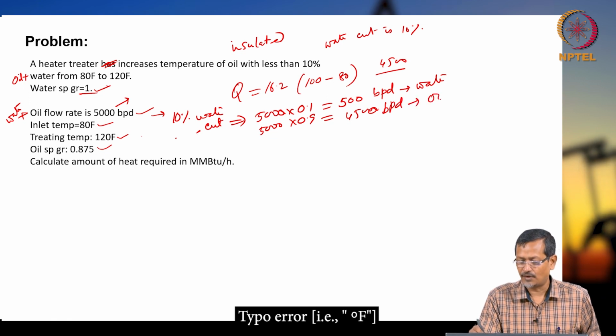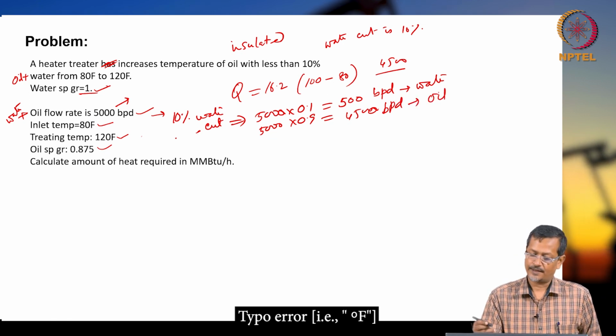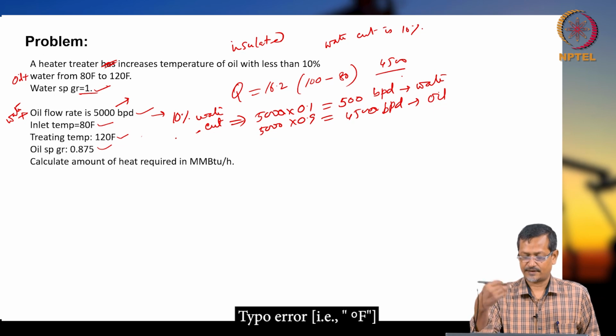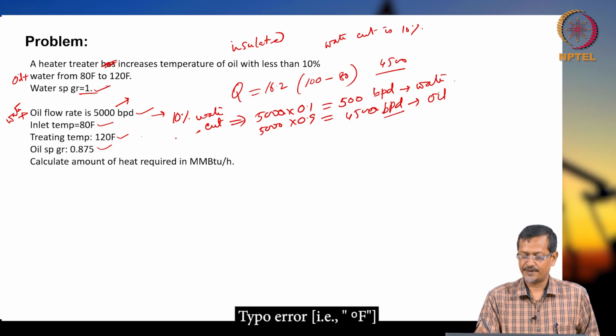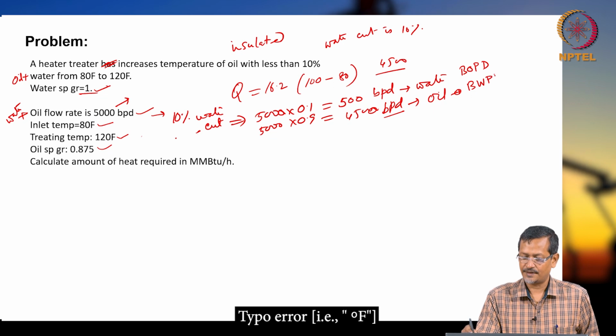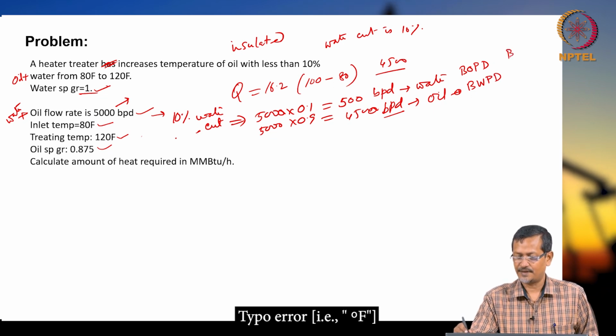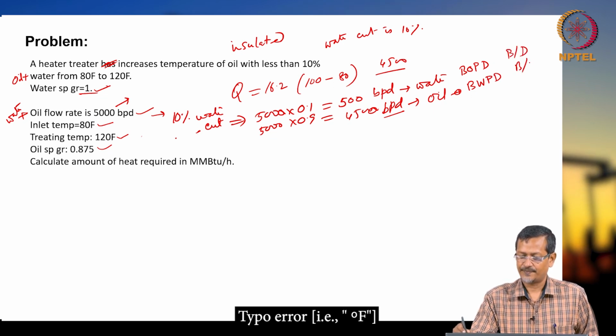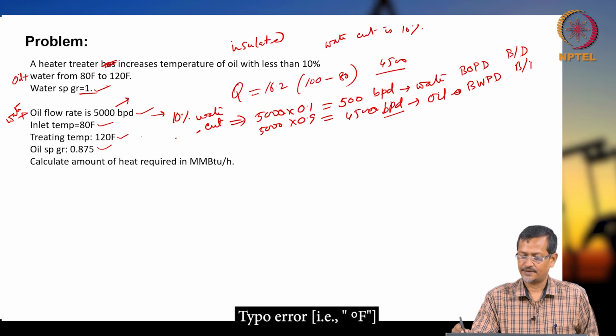Here I am writing BPD, or I can write BOPD, or BWPD, or B per D. There is no standard rule.